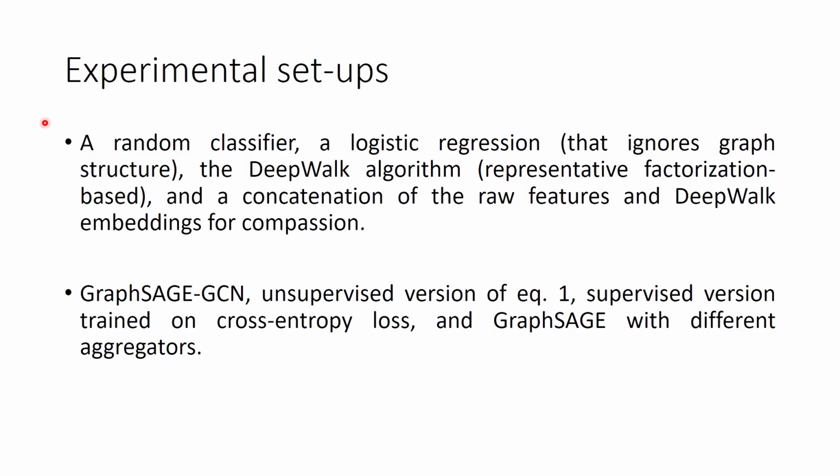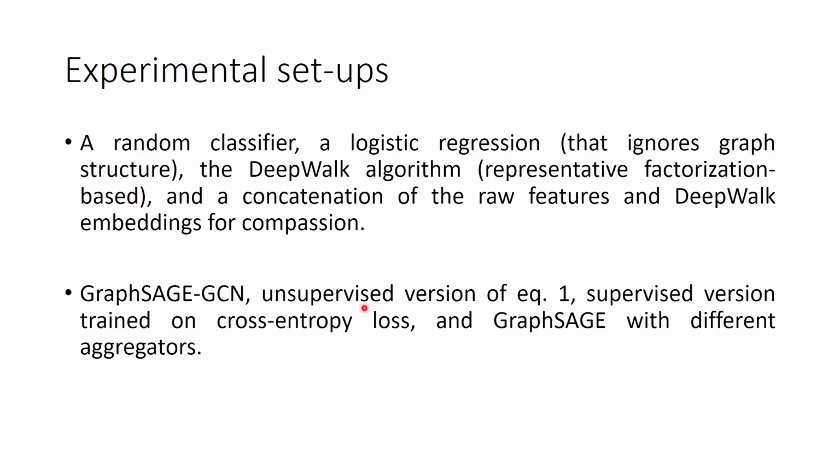Experimental setup. For the experiment, we have taken a random forest classifier, a logistic regression that ignores graph structure, the DeepWalk algorithm, a representative factorization-based method, and a concatenation of the raw features and DeepWalk embeddings for comparison.